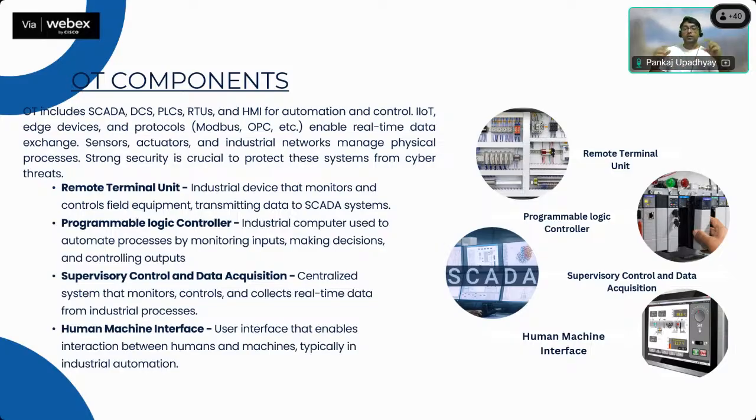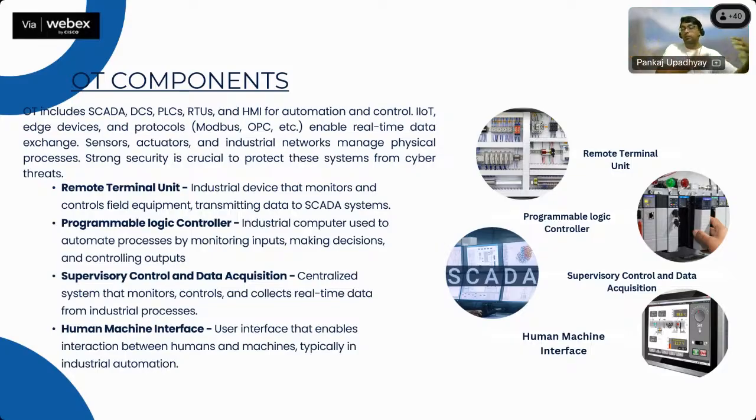Basically it's an if-else condition which we use in a PLC: if the voltage is going beyond this limit, we have to shut it down. If it is low, we have to notify someone. So this kind of logic we put in to maintain the machinery, the physical devices.